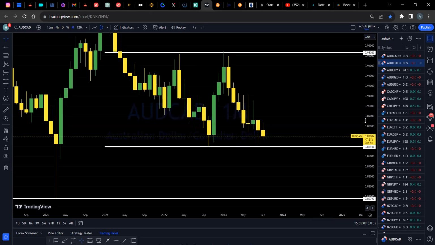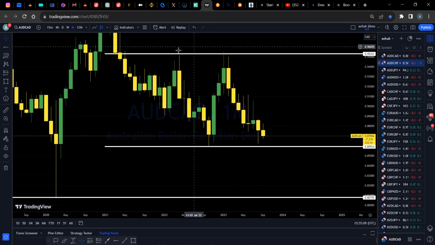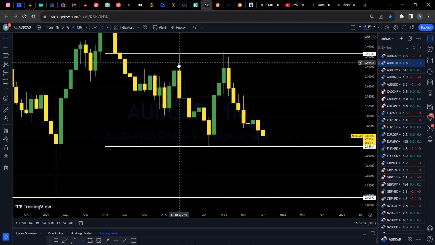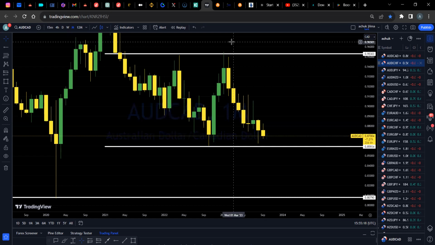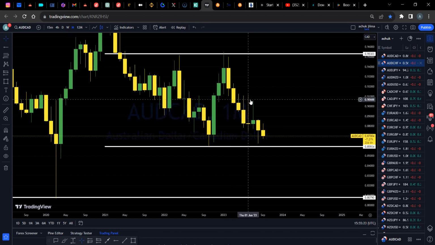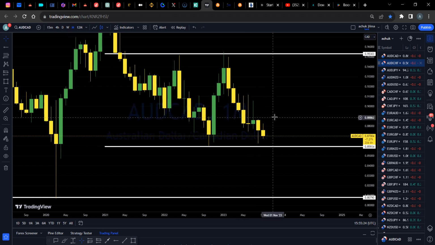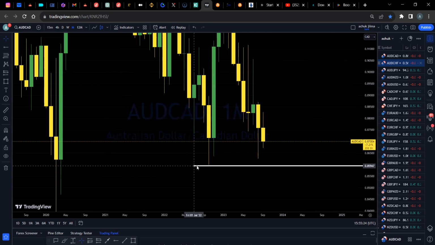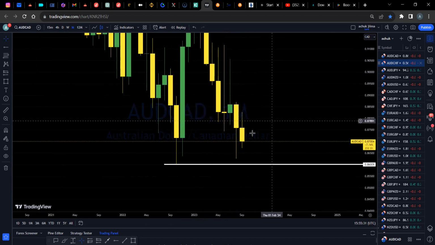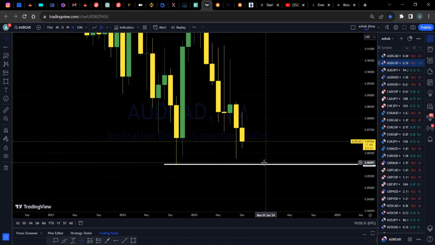Like we had in the pair we just analyzed, you realize this was an area of resistance. Price comes down, reaches this resistance area, and begins to distribute. All along, we've been having what you would call the downtrend. And here we are now, price reaching this yearly low, which will act as our support.